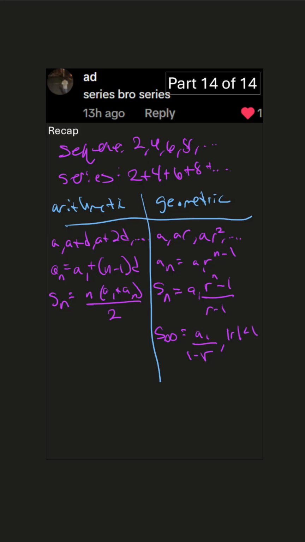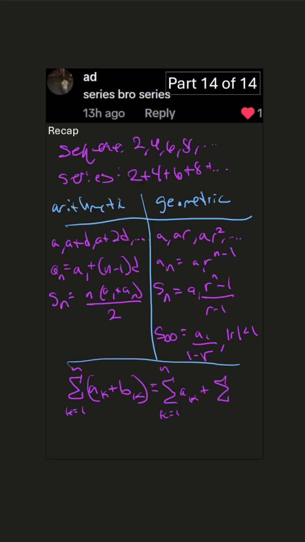And then finally we looked at some sigma properties. So let's say we have the sum from k equals 1 to n of a sub k plus b sub k. We can split that apart into two different sums, the sum of a sub k plus the sum of b sub k, and that also works for subtraction.